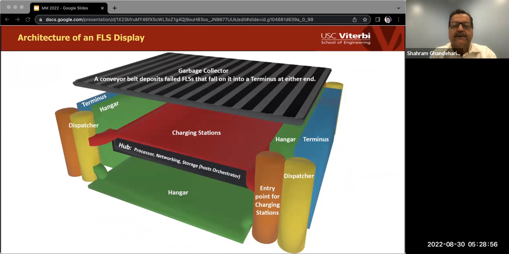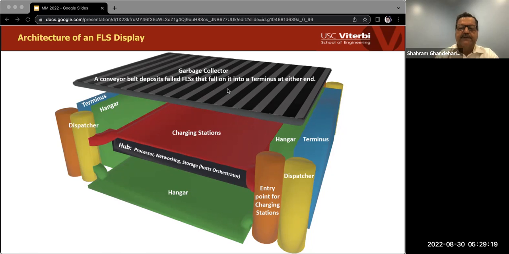Briefly, the green hangars house FLSs. The conveyor belt at the top is the garbage collector. Failed FLSs fall on the conveyor belt, and the conveyor belt deposits these failed FLSs into the terminuses at the two ends of this architecture.